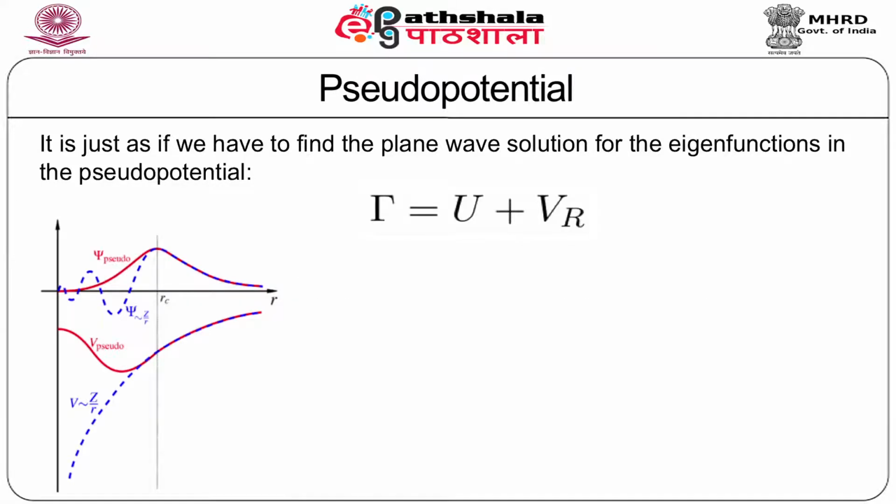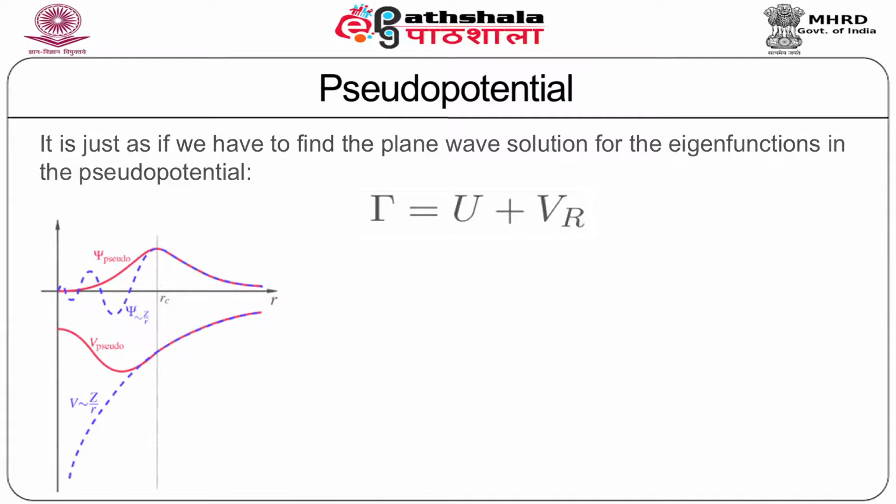Such rapid oscillations give rise to high kinetic energy, which acts as a repulsive potential in the ion core region. The valence electron thus sees only a weak potential, which is shown here, named the pseudopotential. The effective electronic wave function, which is also shown here with a solid line, does not have all this rapid oscillation which was present in the true wave function.